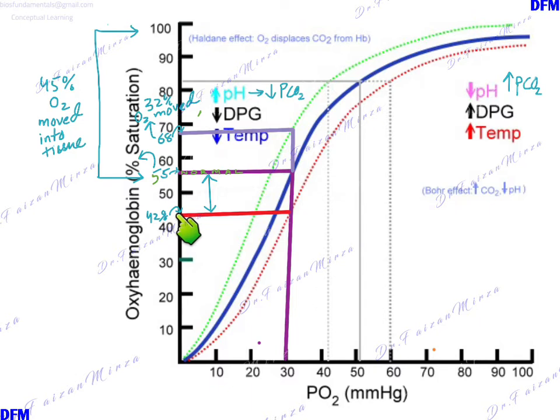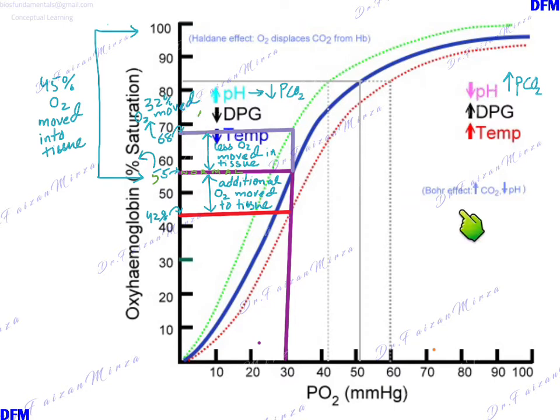This tells us that an additional amount of oxygen is given to a tissue where a high CO2 exists, giving a value of about 48%. So 48% of oxygen was given to the tissue which had a high CO2, 45% to a tissue which had normal CO2, and 32% to the tissue which had less carbon dioxide.